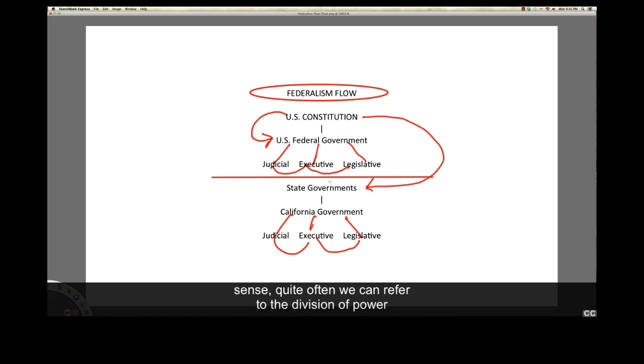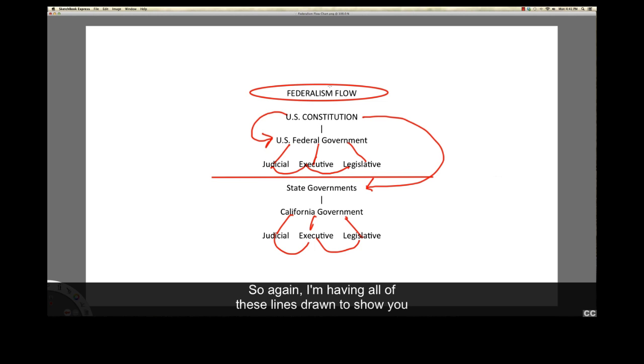And so in that sense, quite often we can refer to the division of power as essentially a horizontal division and not a vertical division. But because the U.S. Constitution provides the federal government the Supremacy Clause, supreme power of the country, if there's a conflict between the state and federal government, I'm drawing it in a vertical way.